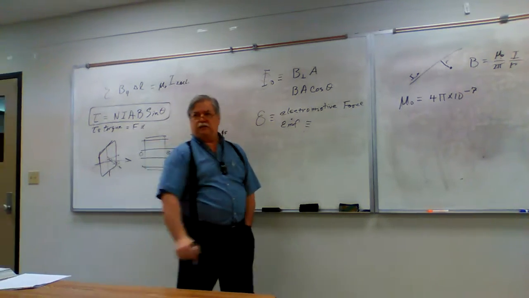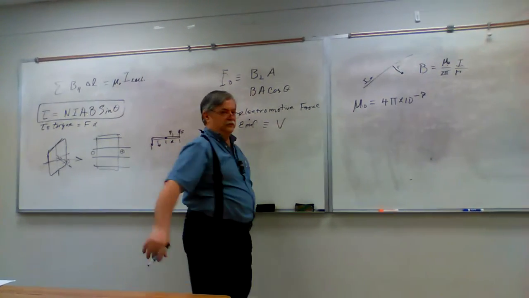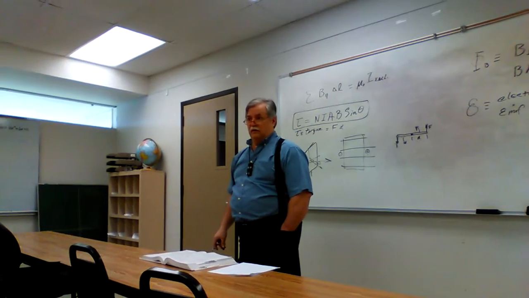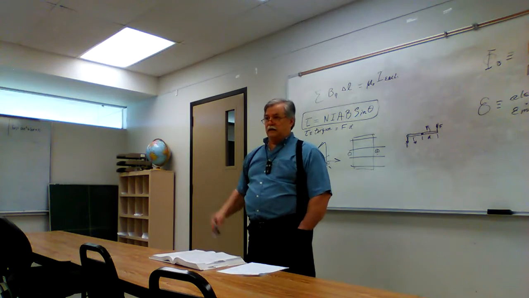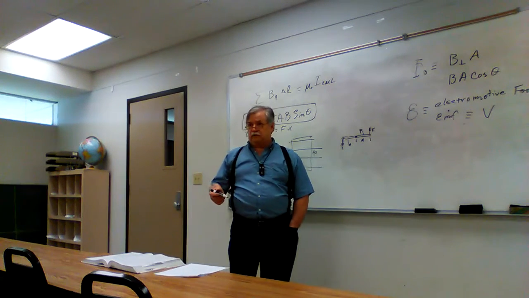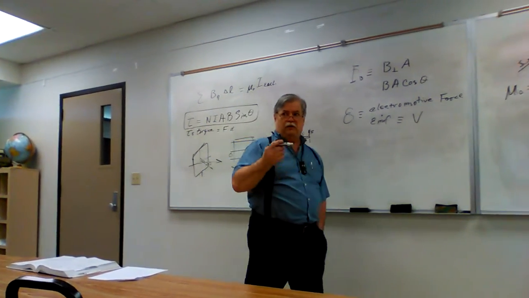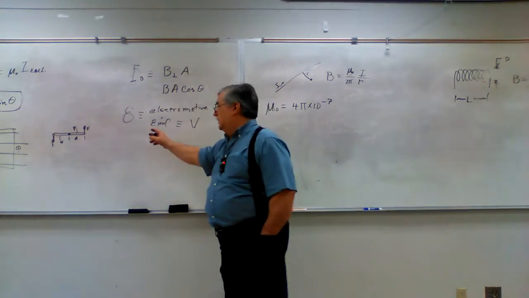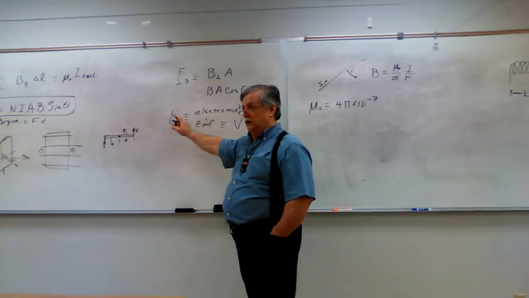That is the same thing as voltage. Volts are the unit of EMF, like newtons are the units of force. Meters are the units of length. Volts are the units of EMF. Okay?